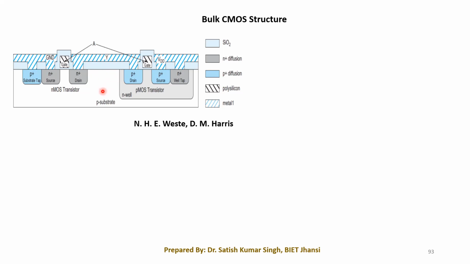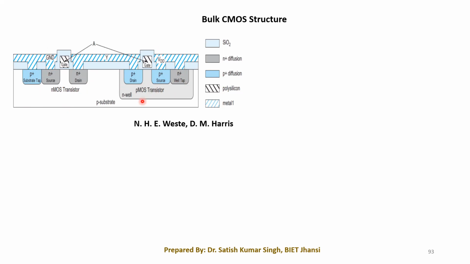Beyond that, there is one deliberately made device here and another deliberately made device here. Here we have the body connection for this particular transistor, the P plus region, the substrate tapping, and another well tapping at this point. So those are our body connections.